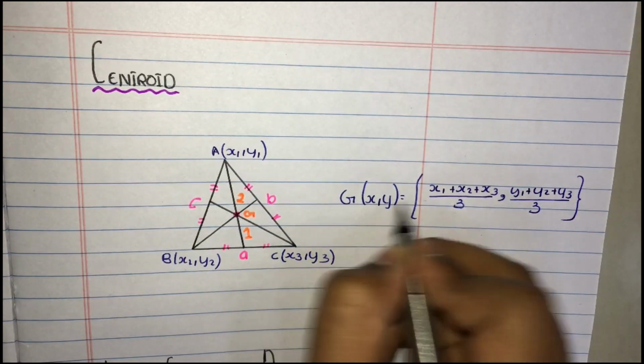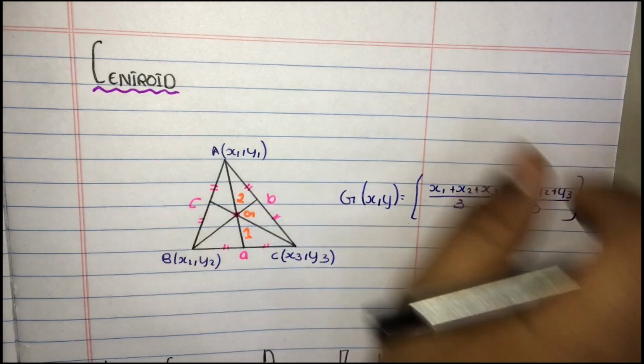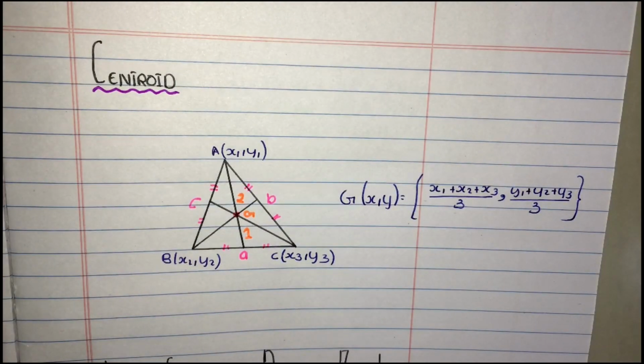This is for the x coordinate and this is for the y coordinate. Now this is the centroid of a triangle.